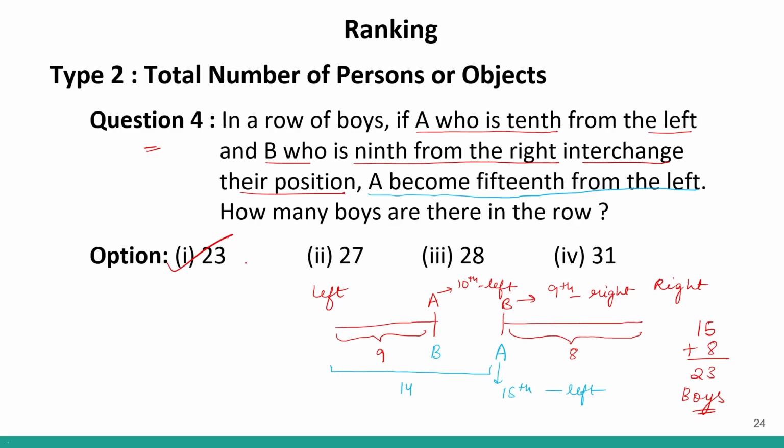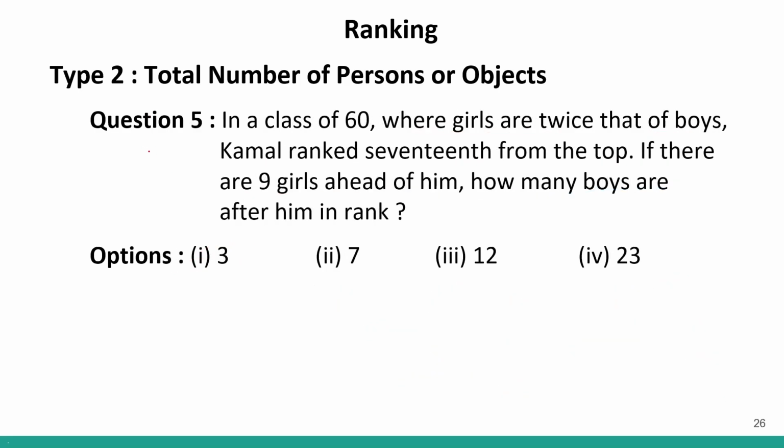Clear? Now, moving on to question number 5. It is given to us that in a class of 60, girls are twice that of boys. So if boys are X, girls will be 2X, and the total is 60.